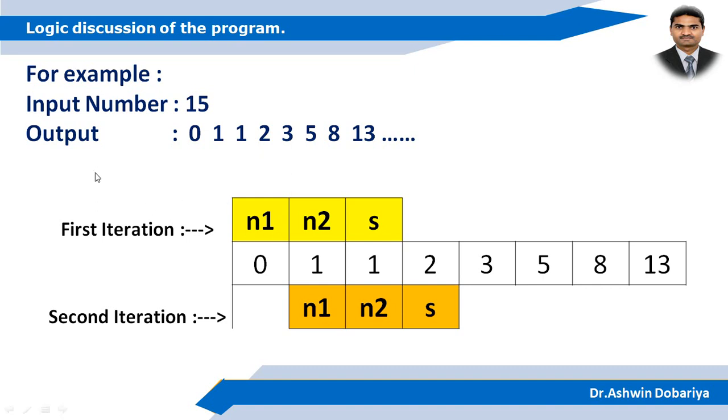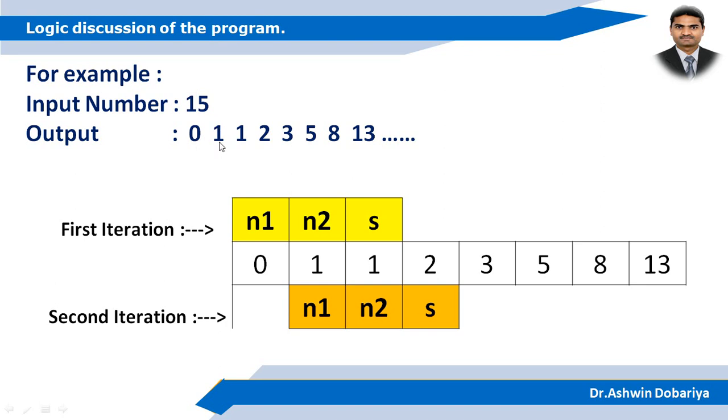First of all friends, what is Fibonacci and what is the logic behind that? If our input number is 15, then these are the numbers that should be part of the Fibonacci series. Now how is it generated? If we start from the first digit, it starts from 0, then number 1.